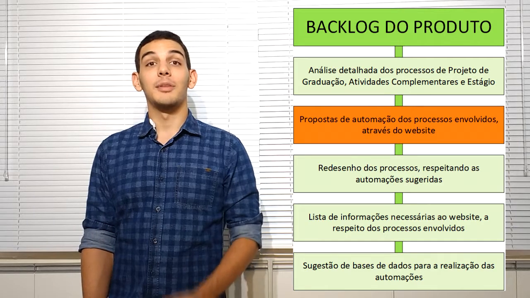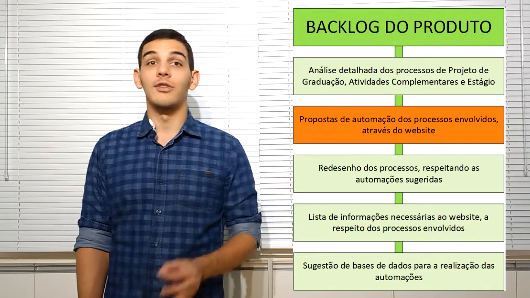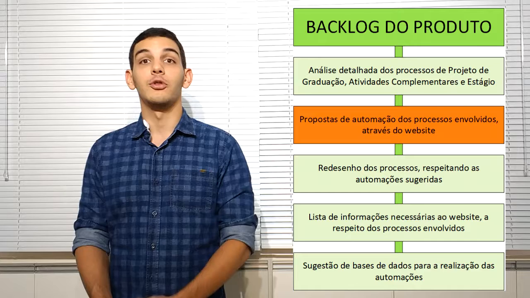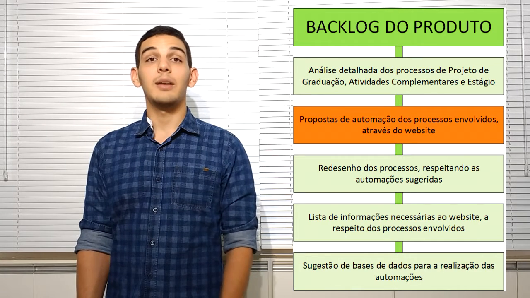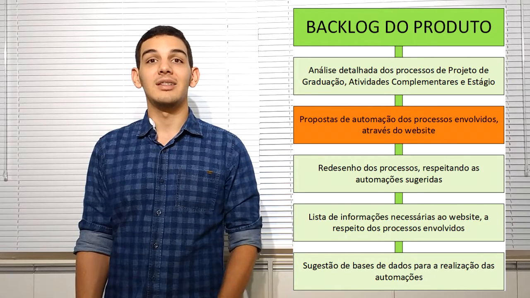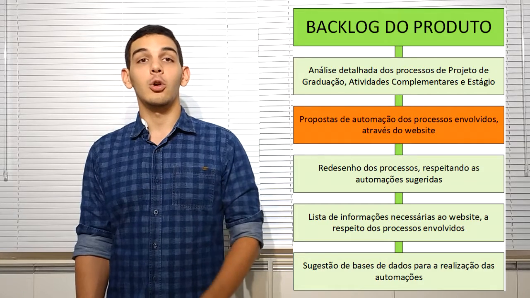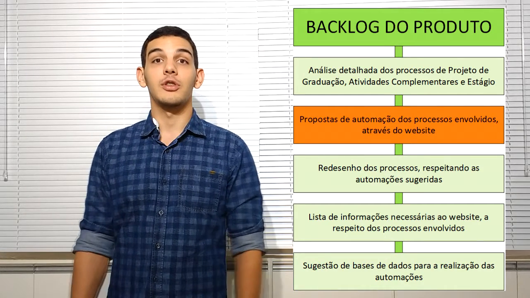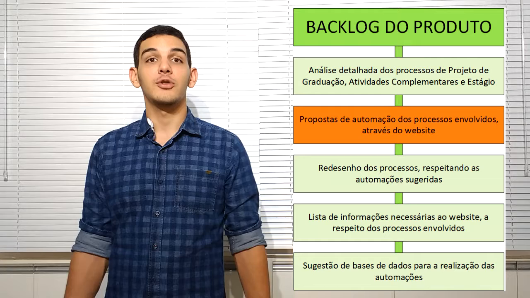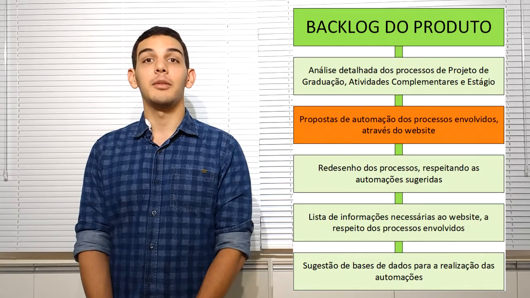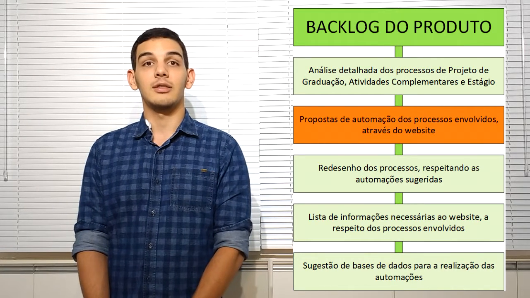The second and one of the main deliveries of the project was the development of the process automation proposals through the website. This step was based on the detailed analysis of the needs of professors, coordinators, and the Department of Production Engineering, in addition to the information for the website established with the development team and the process designs.